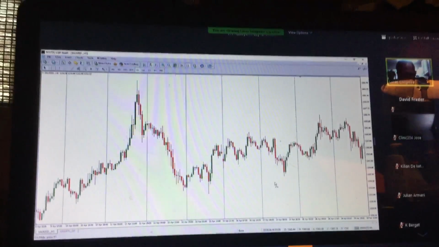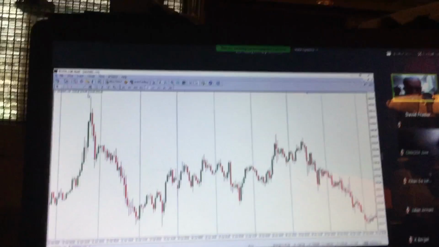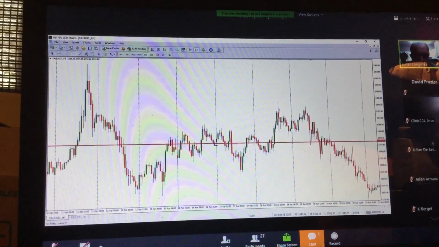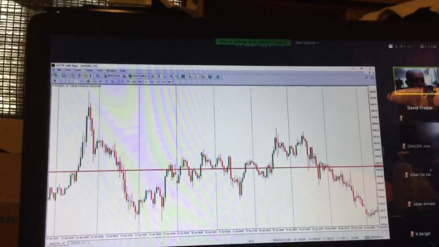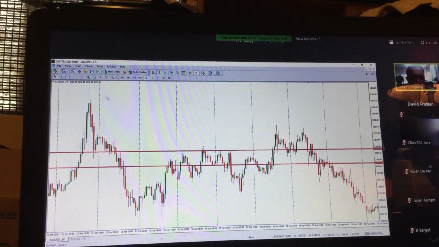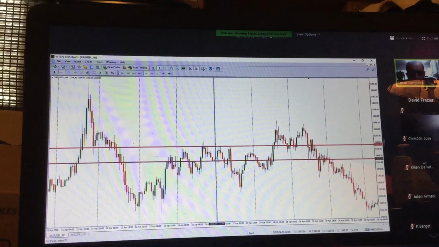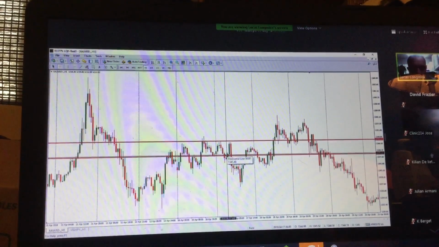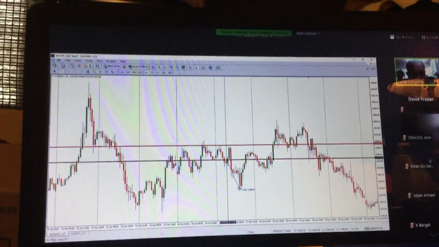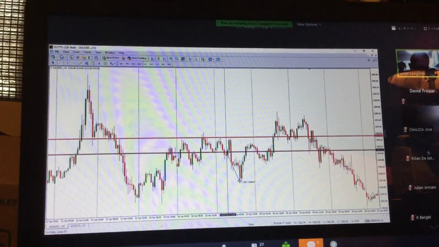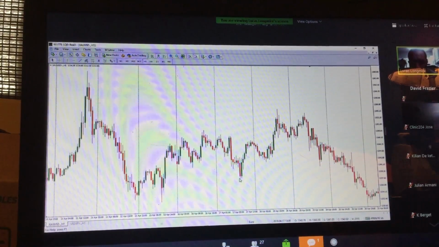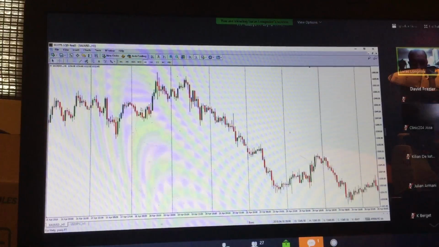13.16 Sunday. This is a little sloppy and ugly, but all right, price here. It breaks. It retests. Drops for 70. And you're just doing the same thing over and over and over.